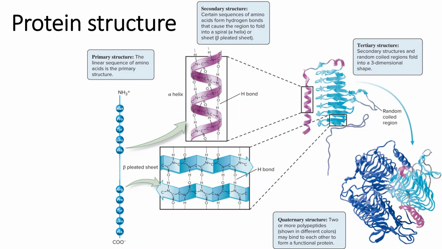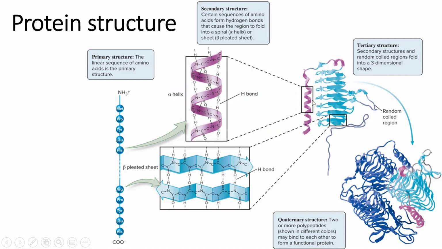Now, the tertiary structure is the finalized structure of an individual protein. So basically, you can have a 1,200 amino acid protein right here that you can see. Again, here's the alpha helix, beta pleated sheet, and then you have the sequence of amino acids. Okay, amazing.